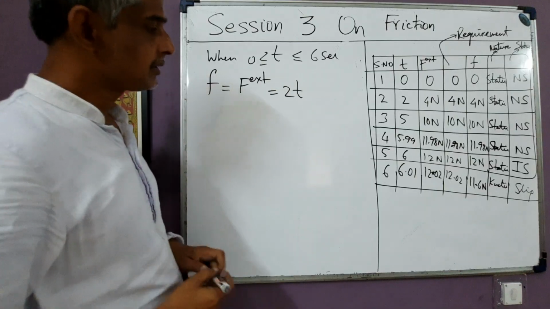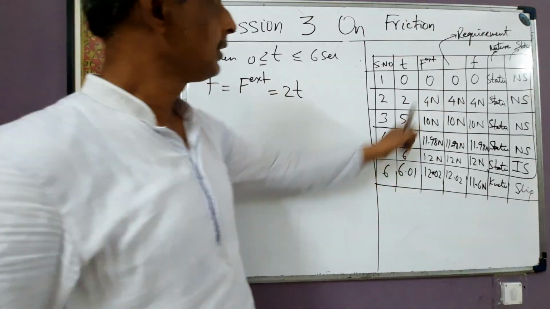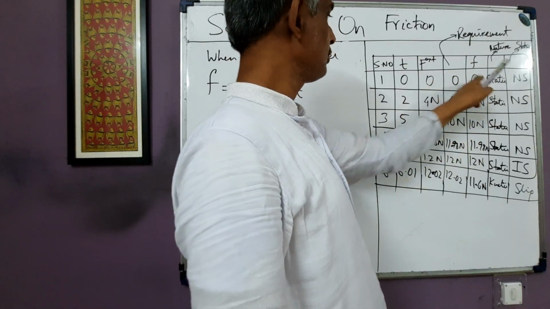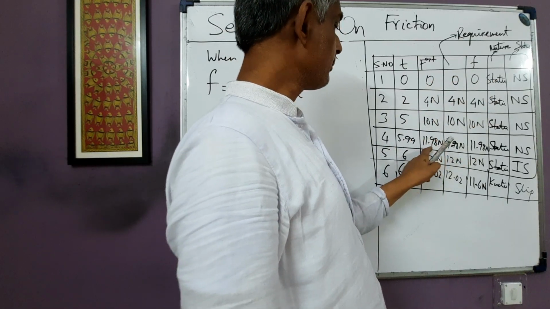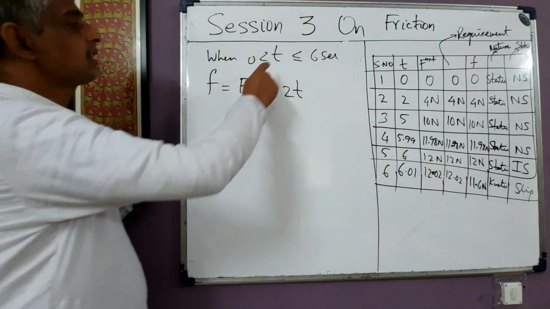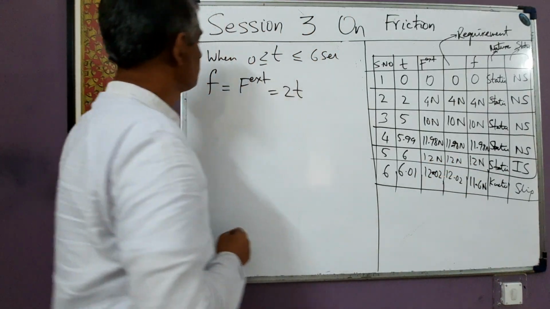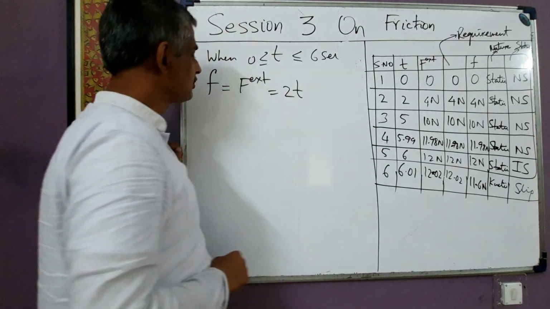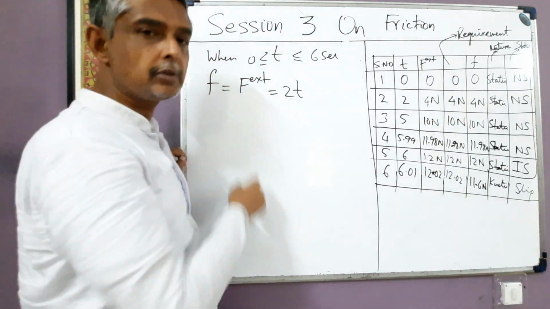You can see till 6 seconds, f and f external exactly match each other: 0, 0, 4, 4, 10, 10, 11.98, 11.98, 12, 12. So long as t lies between 0 and 6 seconds, the friction force between the block and the surface is numerically equal to the externally applied horizontal force.